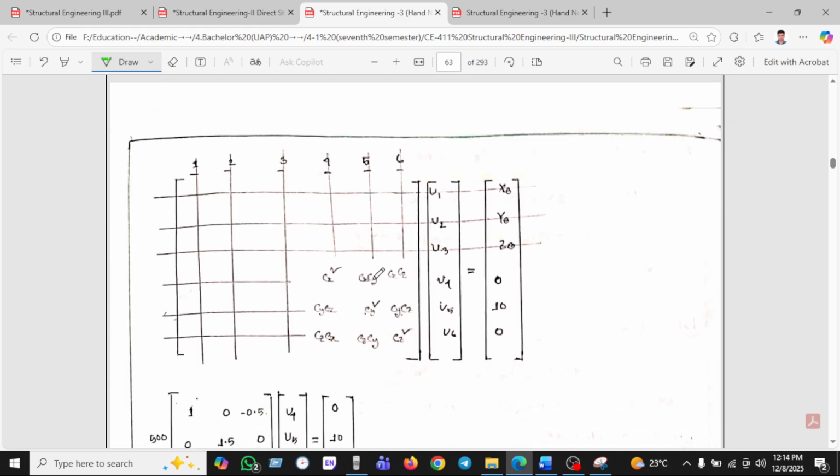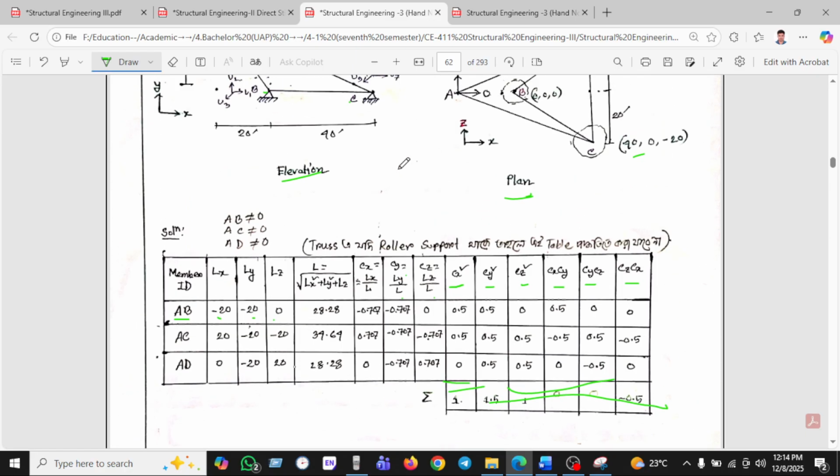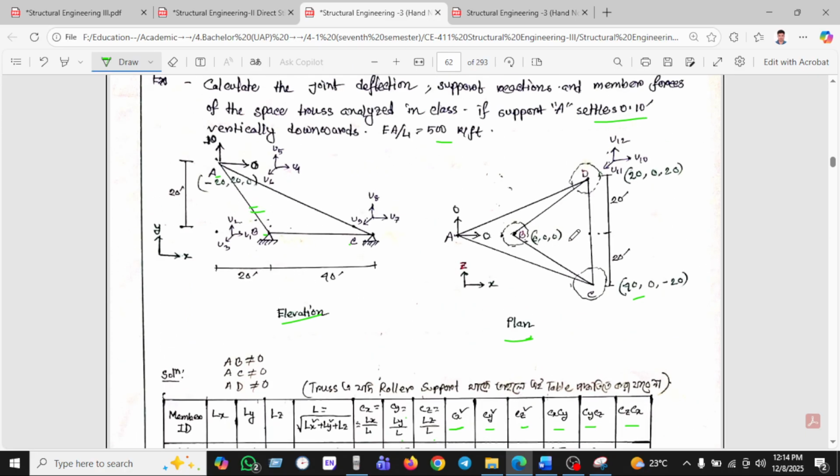We have seen here that 1, 2, 3 cancel out, leaving just 4, 5, 6. Why? This is important. Why are we taking only 4, 5, 6? Because 1, 2, 3 is a pin support, that's why we will not take it here. 4, 5, 6 have no support, so we take them.